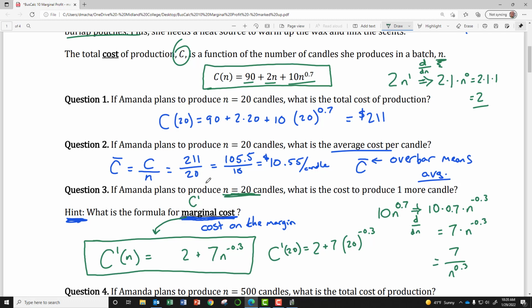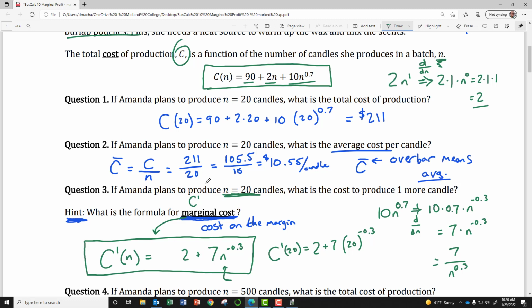But it's also going to include a term that decreases as n increases. So when n becomes a larger number, that n to the negative 0.3 power is going to get smaller over time.